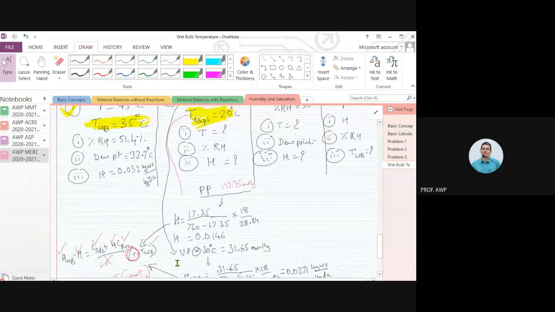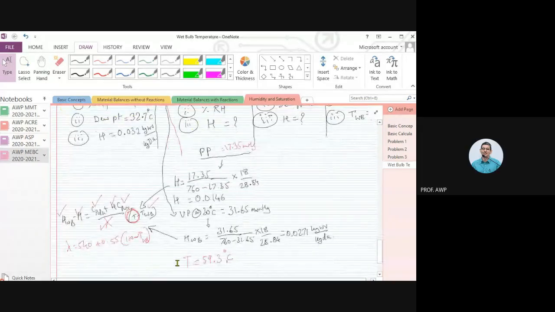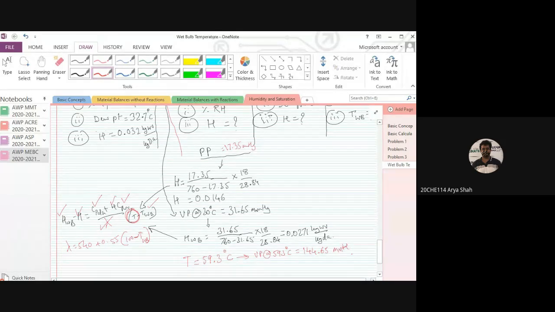Now it is straightforward. Once you calculate the temperature at 59.3 degrees centigrade, we can calculate the vapor pressure at 59.3 degrees centigrade. How much is that? 144.65 mmHg.